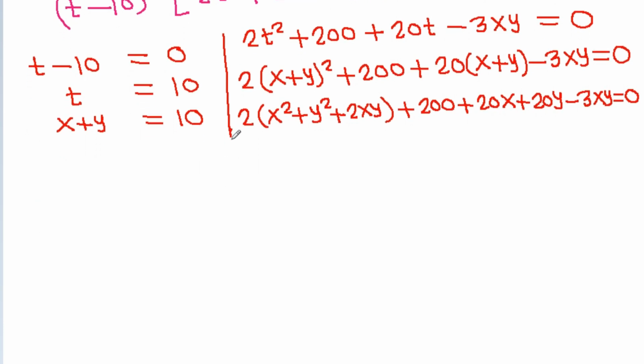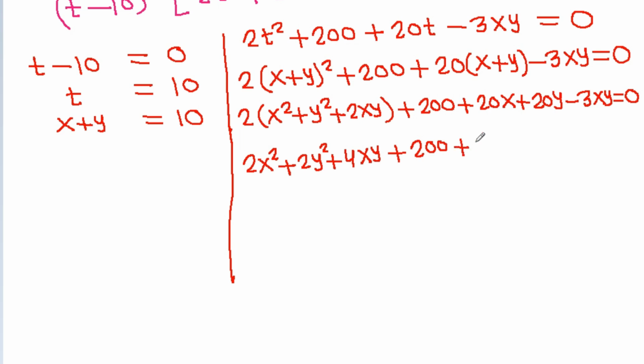And it is 2x square plus 2y square plus 4xy plus 200 plus 20x plus 20y minus 3xy is equal to 0.